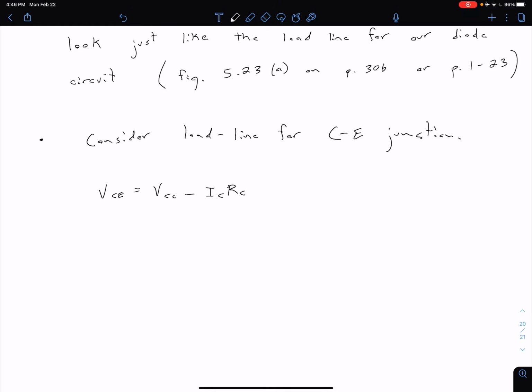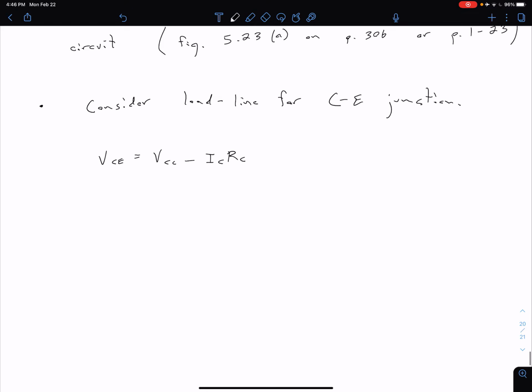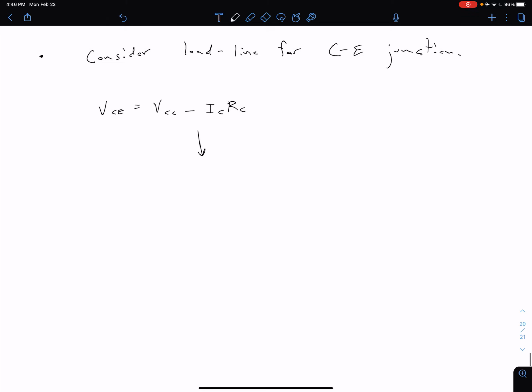Again, this is related to that particular simple circuit with our common emitter configuration. What we're going to want to do is rearrange this equation a little bit, and let me write it down here. So we can say that our IC is equal to VCC divided by RC minus VCE divided by RC.